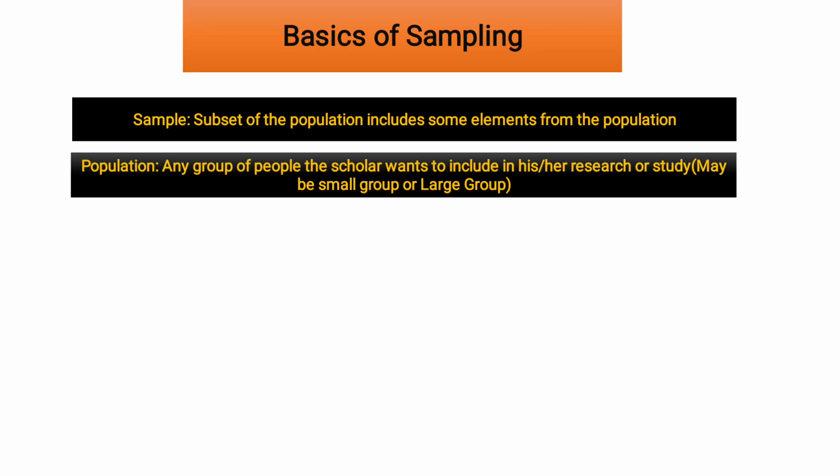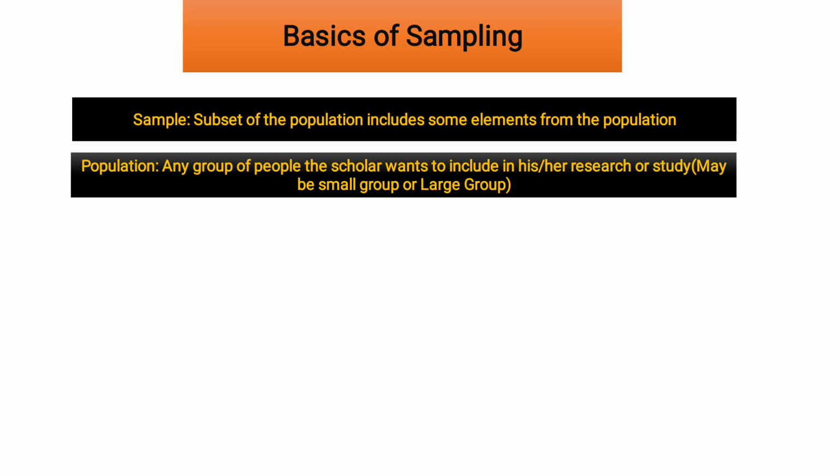For example, if a researcher wants to study, let's say, the job satisfaction of top management in listed companies in India, here the population is small. Why? Because generally top management means executive levels, and the individuals are limited in number. So this is an example of a small group population.